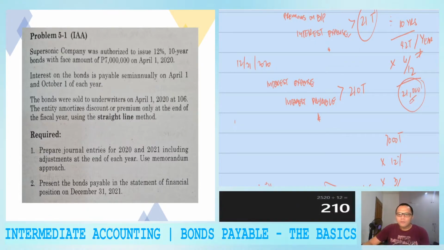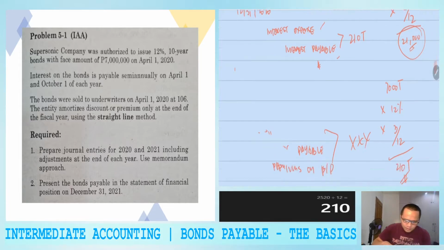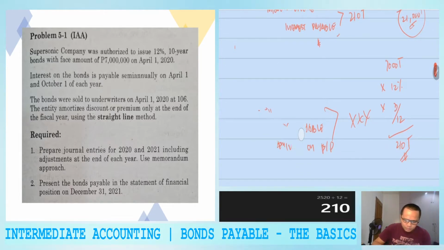Okay? So this is basically the adjustment. Recognize the interest expense with the interest payable. Okay? And also, we need to continue amortizing the premiums.